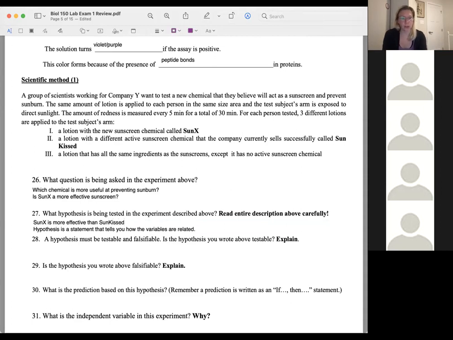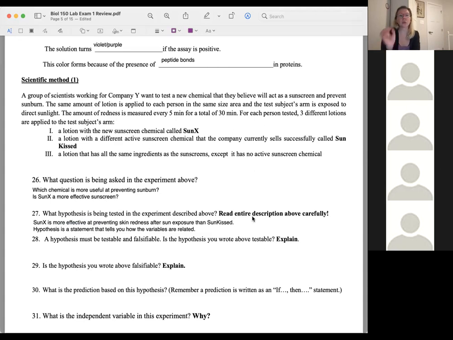Sun X is more effective. Now we have to add a little bit more detail in. How are we measuring the effectiveness? By the redness of the skin. Right. So we can say Sun X is more effective at preventing skin redness after sun exposure than Sun-Kissed or than other sunscreens.